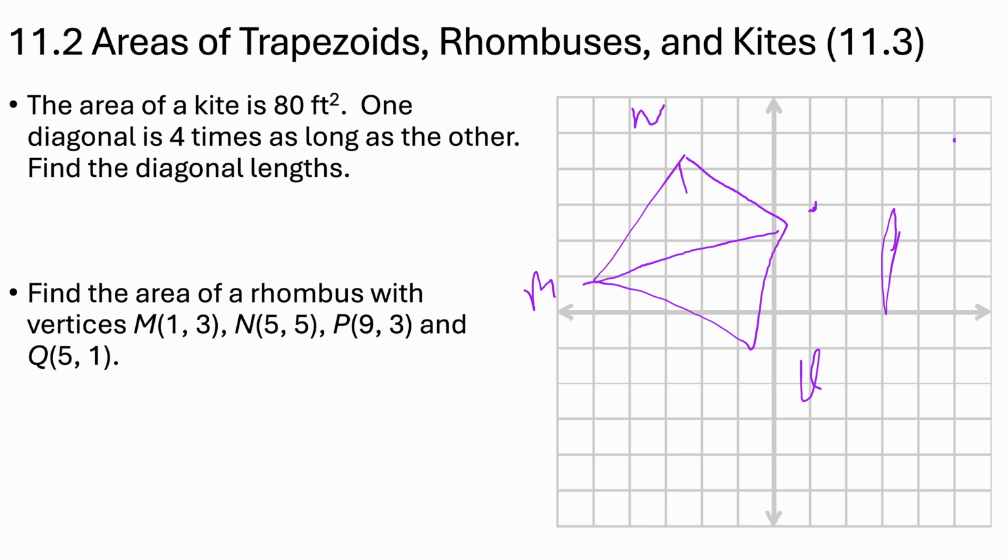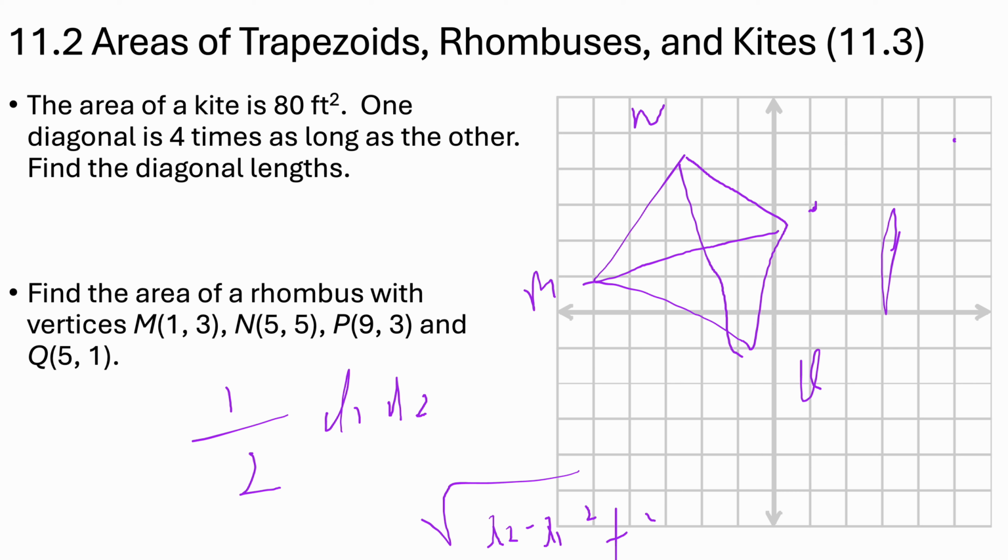and then you have to find NQ, and then you do half d1 into d2 because you have to find the two diagonals. So from here to here, if you have to find the distance, you apply the formula. Distance between 2 points is the square root of x2 minus x1 square plus y2 minus y1 square.